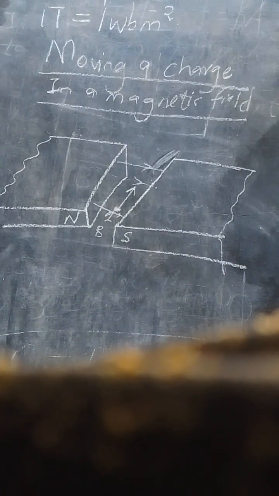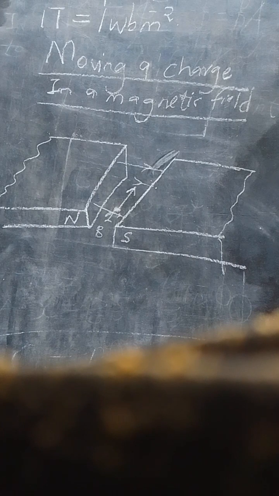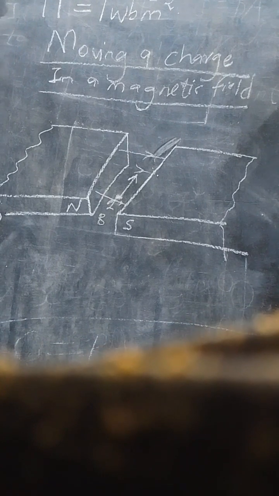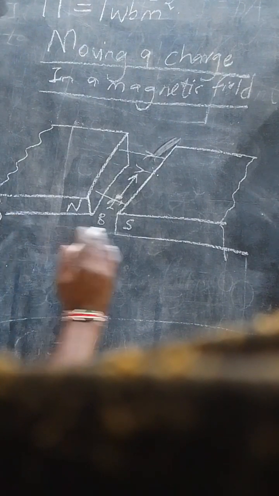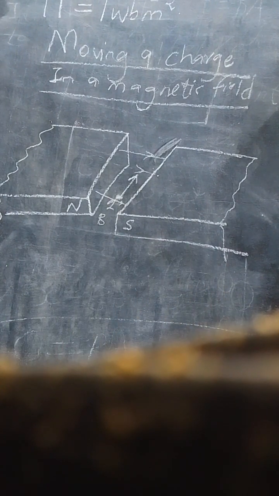Now when we look at that charge, it's going to move at a speed, and let's call that speed V. So V is the speed of that electron when it is placed in the magnetic field. Remember, this is the horizontal side where we have magnetic fields flowing.